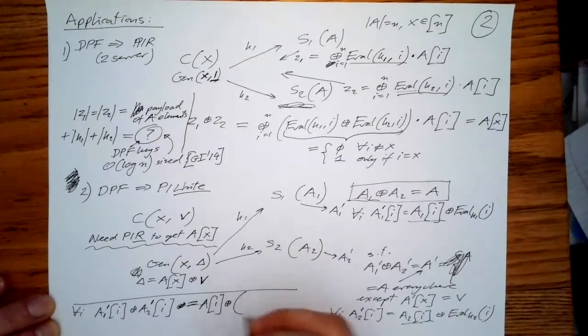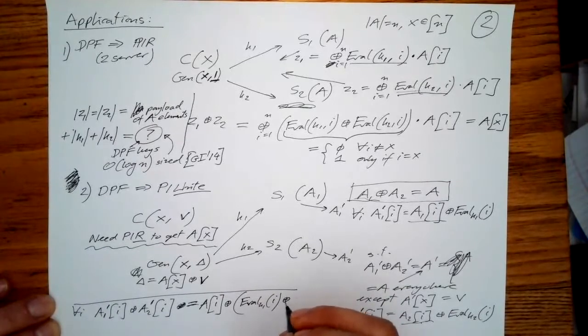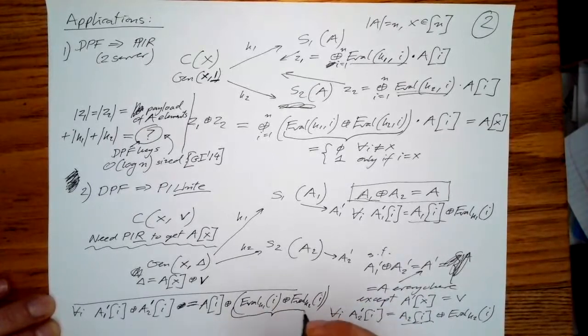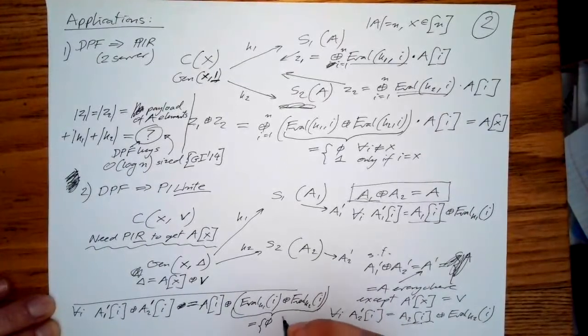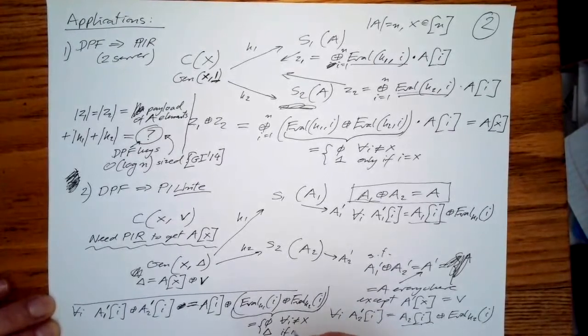But the differences, by the DPF properties, are eval K1 at I XOR eval K2 at I, and this is 0 for all I not X, and delta if I is X.